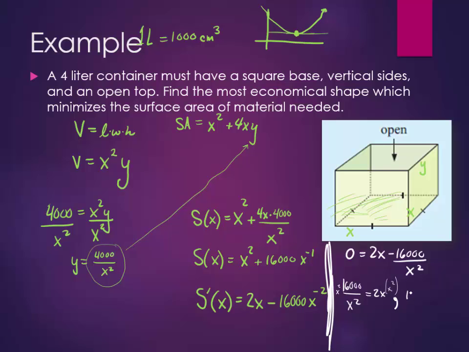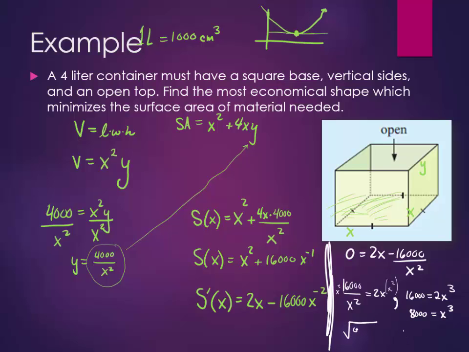So we get 16,000 equals 2x to the third power. Divided by 2, we get 8,000 equals x to the third. And then we do the cube root of that value.